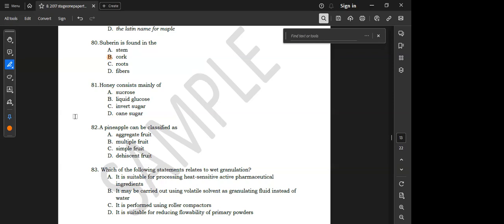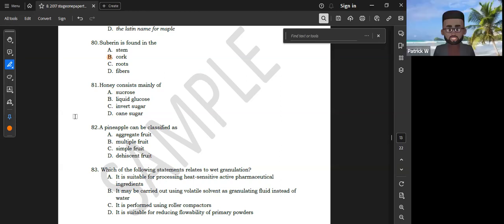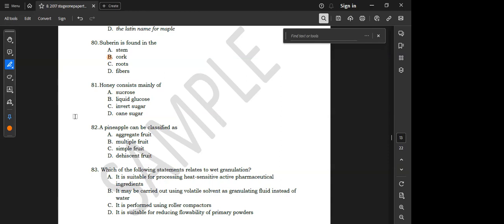Honey consists mainly of sucrose, liquid glucose, invert sugar, and cane sugar. The types of sugars found in honey is invert sugar. You said the invert one is the main one.